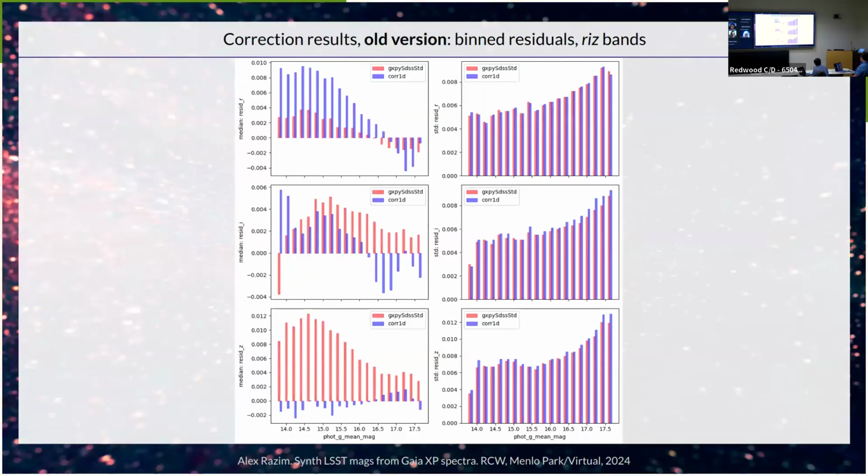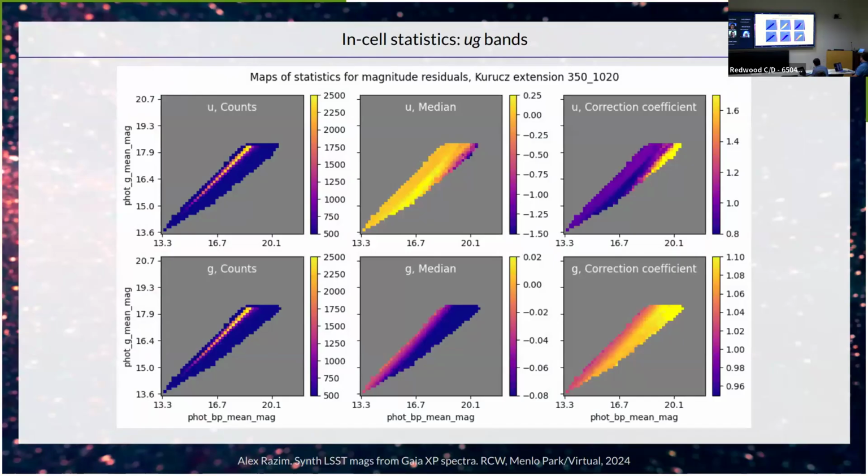This is an old result, but they are not so interesting. So this is just for illustration of how it looks on this magnitude grid. On the left column are the counts of the objects per cell. In the center is the median residual that we used for calculating the correction coefficient. And on the right are the correction coefficients themselves. One row per band.